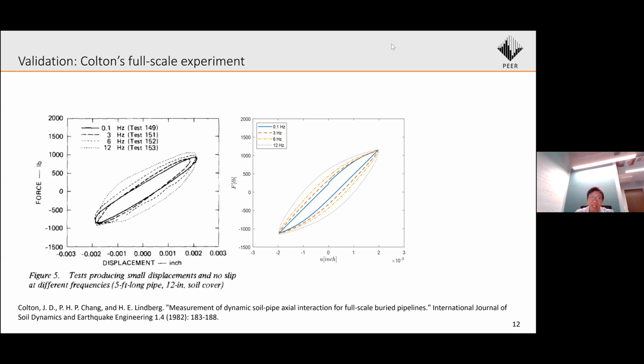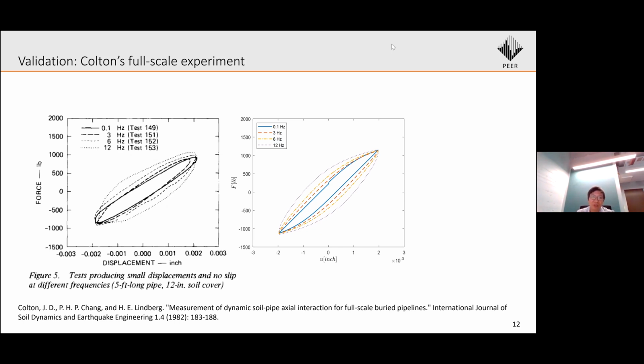We can see that the area enclosed by the force displacement loop represents the energy dissipated, or the damping of the system. We can see here the damping increases with the increasing frequency, showing that this is the characteristic of the radiational damping.